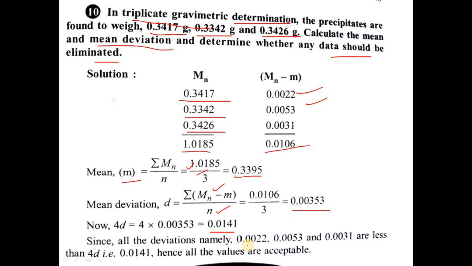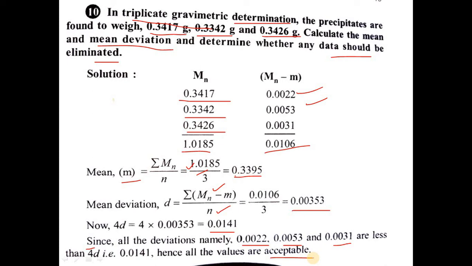Since all the deviations, namely 0.0022, 0.0053 and 0.0031, are less than the 4D value, that is 0.0141, hence all the values are acceptable.